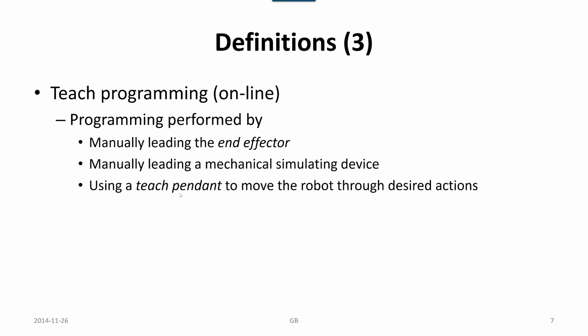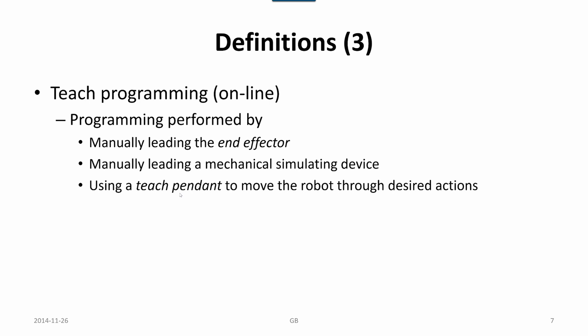I would say that teach pendant is the normal way to program robots using the online methodology. But for certain cases, there is manually leading the end effector, like for spray painting and so forth.